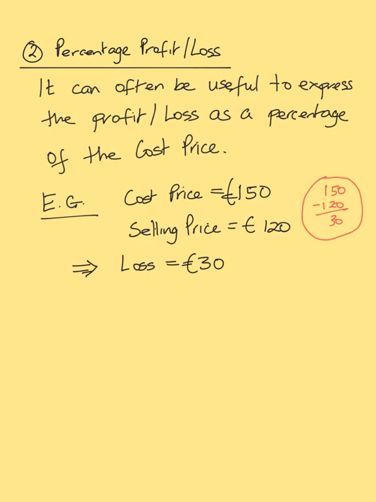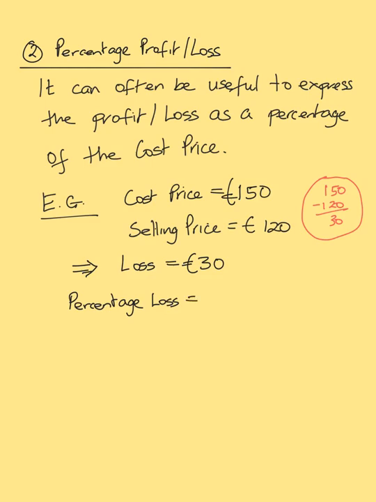Now we want to know about this loss, this €30. Was it a big loss? Like, what percent was it relative to the cost price? Always back to the cost price at the moment. So we want to find the percentage loss, and we write this down. The percentage loss.